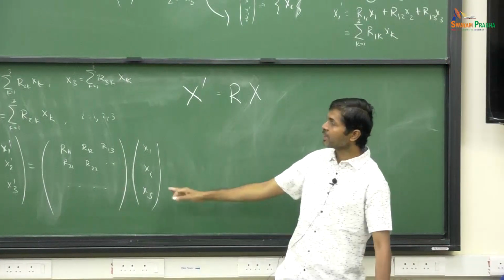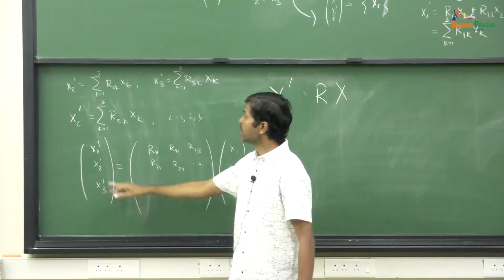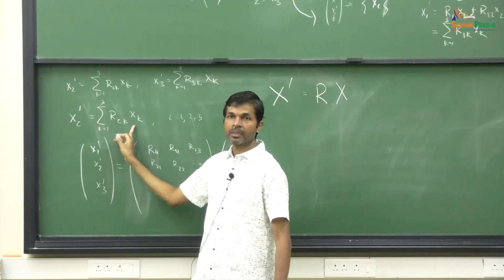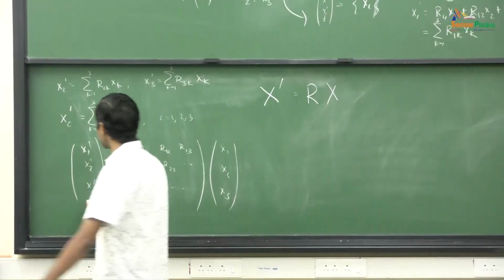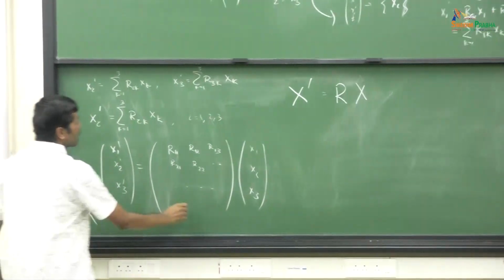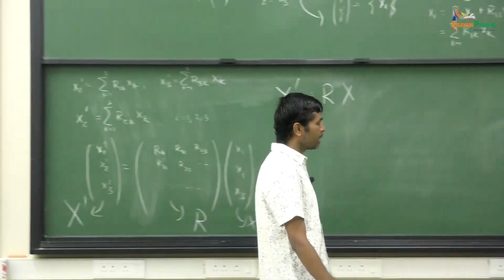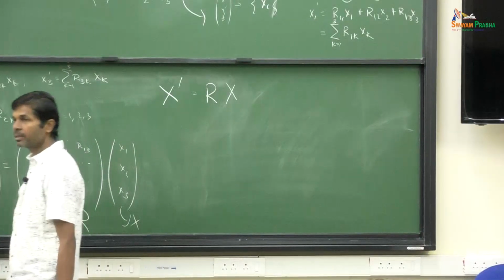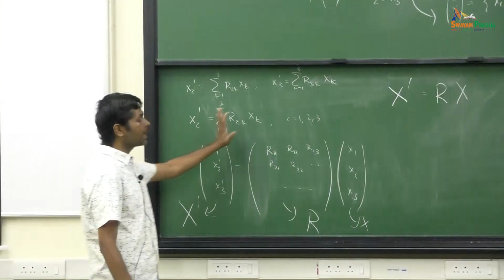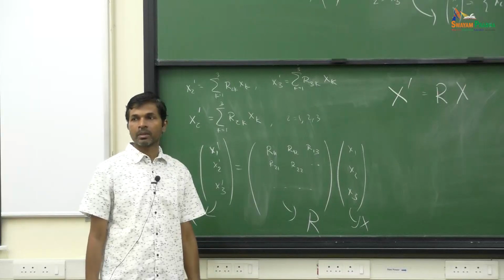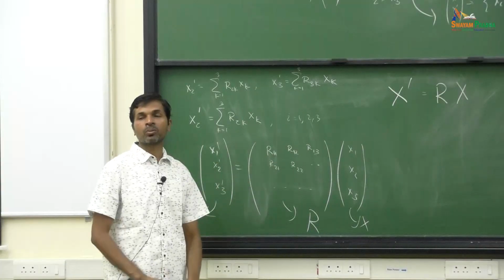The same relation I can write explicitly, or in terms of indices, or I can introduce 3 matrices: I can call this x prime, this R, and this x. But remember, this is the most general linear transformation, which relates the coordinates x prime, y prime, z prime with x, y, z.